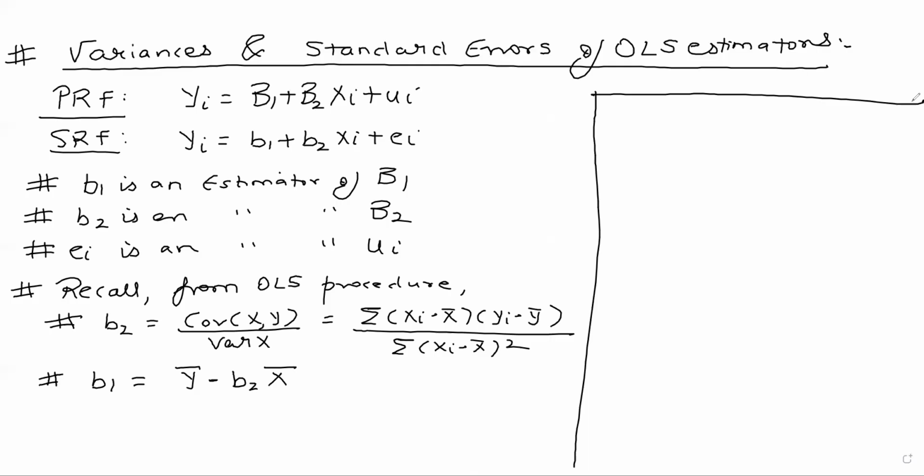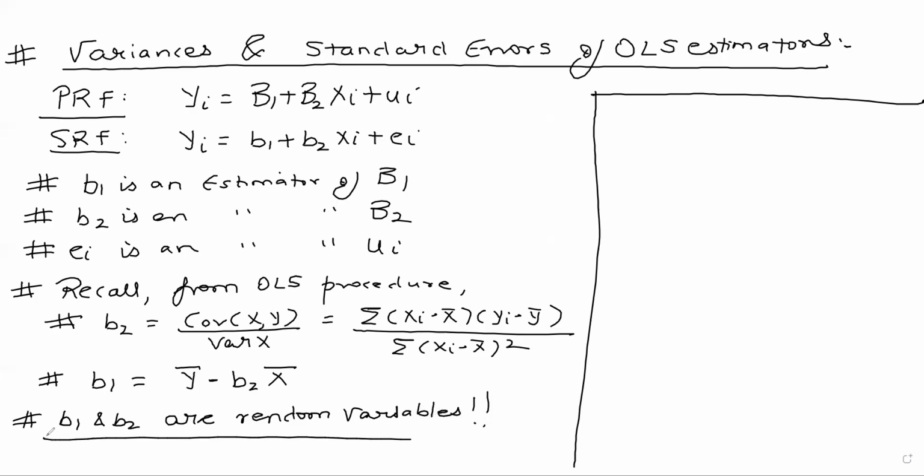Since they themselves are random variables, they will take different values for different samples. For one sample, you run the regression, you get one value of b1, b2. You keep on taking different samples, b1 and b2 will keep on changing. So what is the variance of b1?